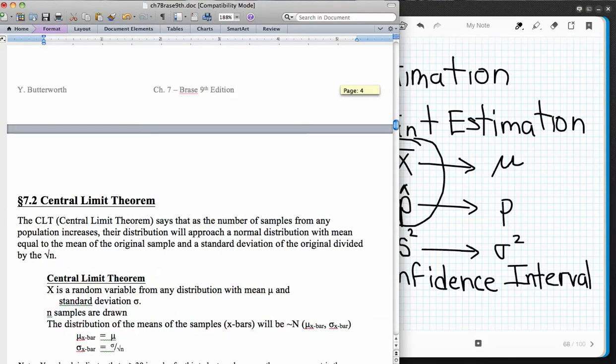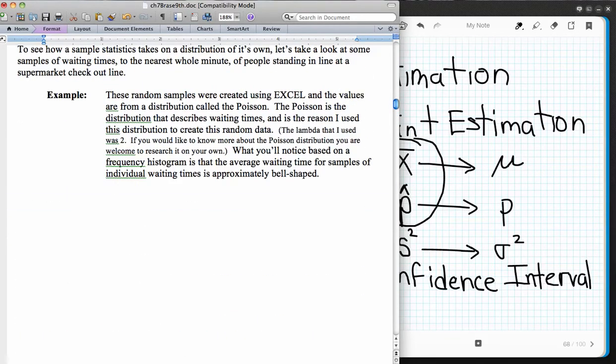Now, it's really kind of interesting, and I don't want to take the time here, but it's interesting to take a look at a random sample that's created using a distribution that doesn't look anything like a normal distribution, and then sample random variables from that distribution, and see that, yes, indeed, the sample means are normally distributed, and they do have a mean that is approximately equal to that of the population.